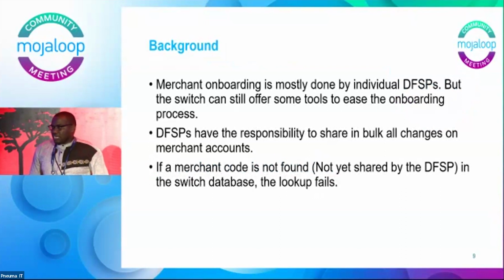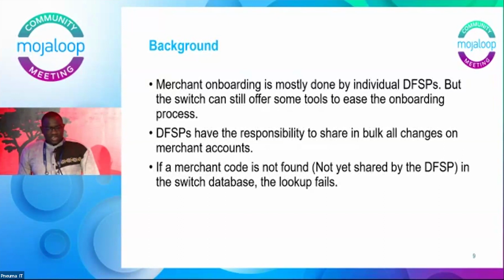In Rwanda, the main difference that we immediately noticed when we started to use this portal is that the whole merchants data, including generating QR codes, so generating aliases or till codes and everything, are all owned by DFSPs.